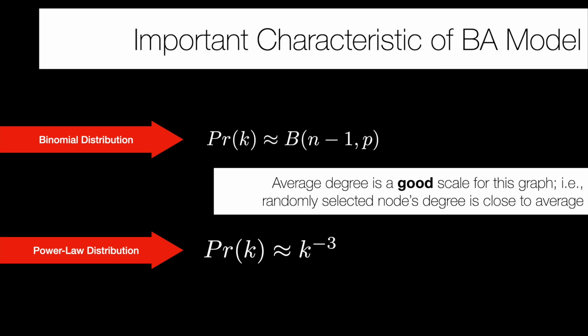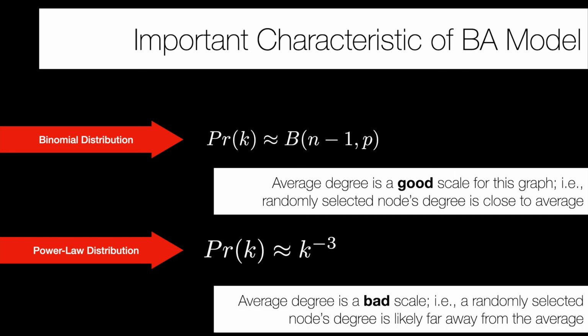Most nodes in the ER model or the Watts-Strogatz model will have a degree that's close to the average degree. On the other hand, for these real-world, power law distributed models, the average degree is a really bad metric for the degree that you would expect to see when you take some randomly selected node.